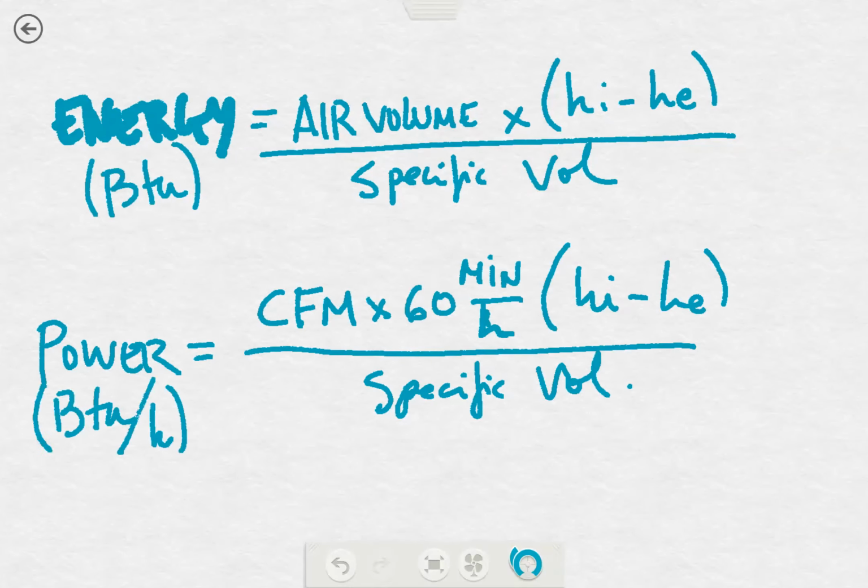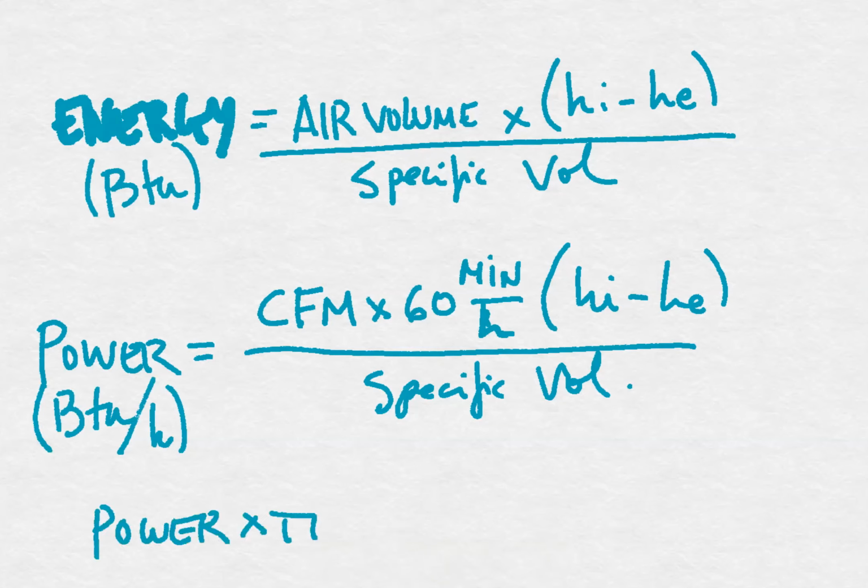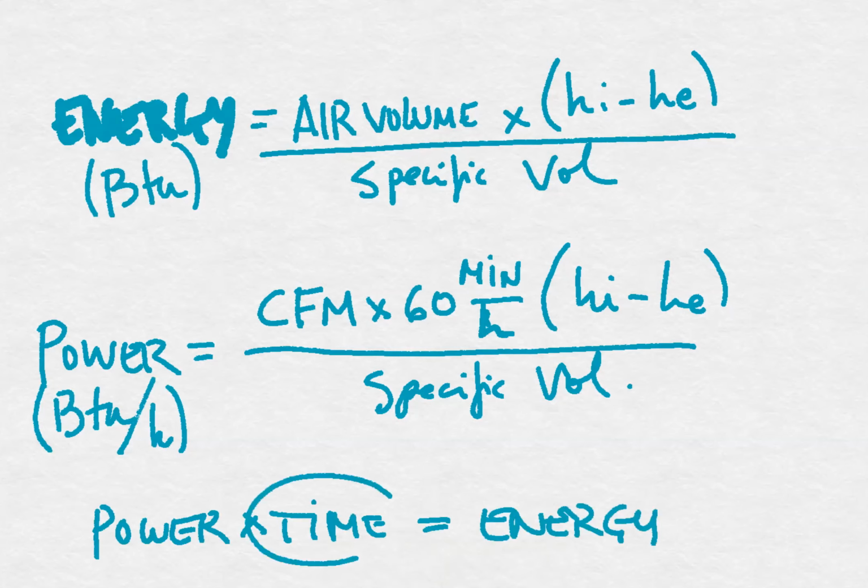If we want to go from power to energy, we have to multiply by the time that the system is operating. If we are operating the system for 12 hours, this is 12. If we are operating it for 24 hours, that would be 24.